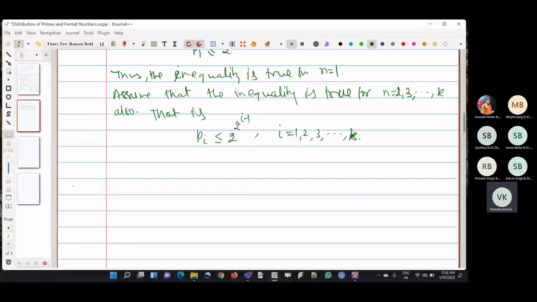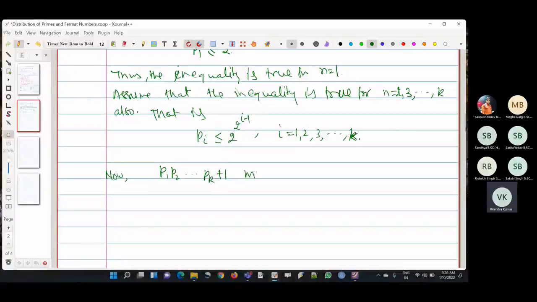So we have these many primes. These are the values p1 to pk, the primes we have considered initially. Now p1, p2 up to pk plus 1. So we are taking the product of these primes p1, p2, p3 up to pk and then adding 1.